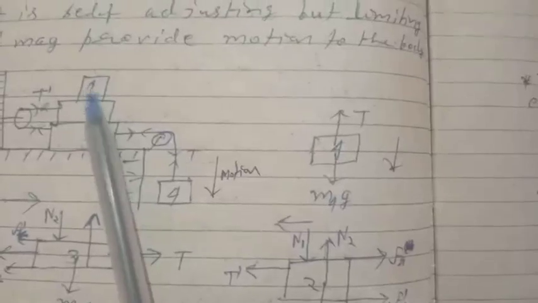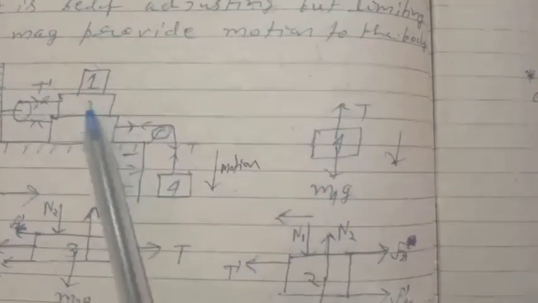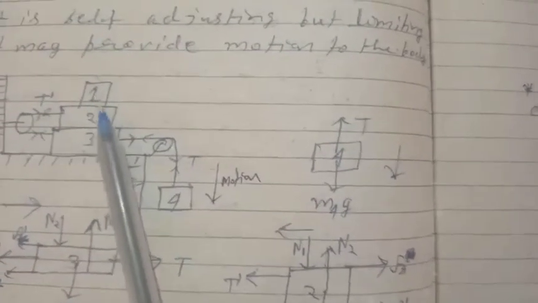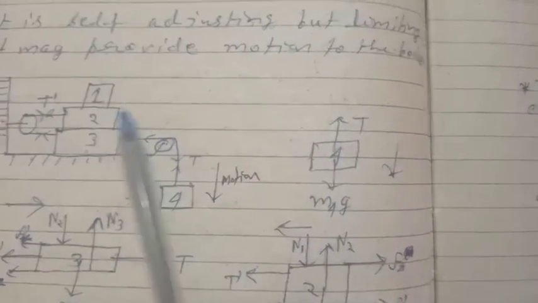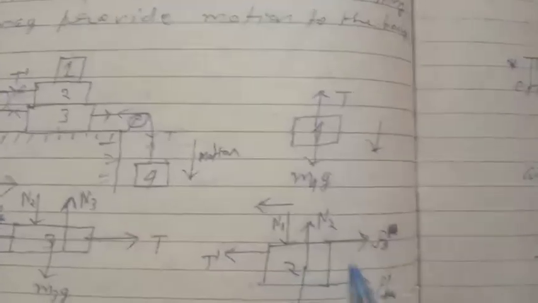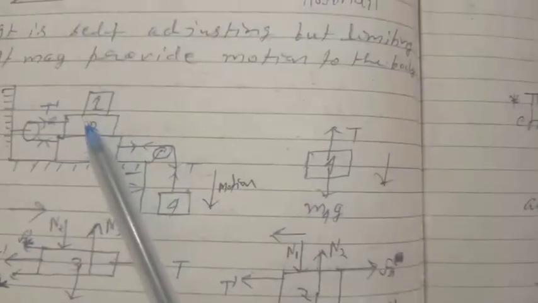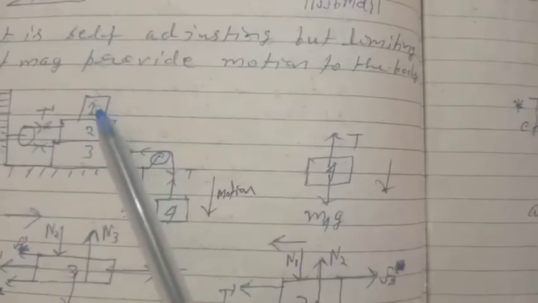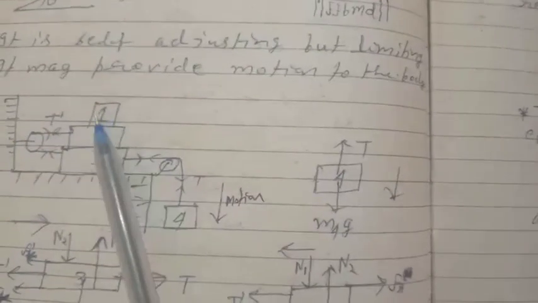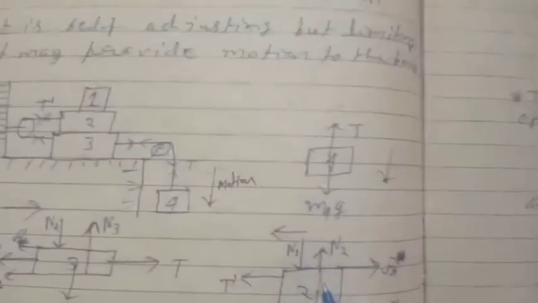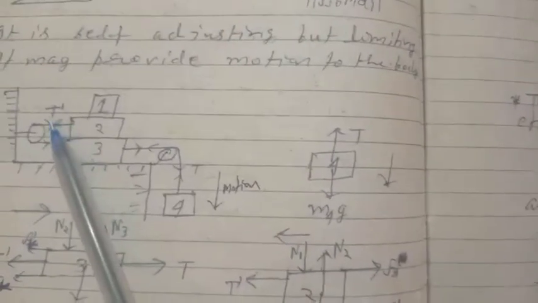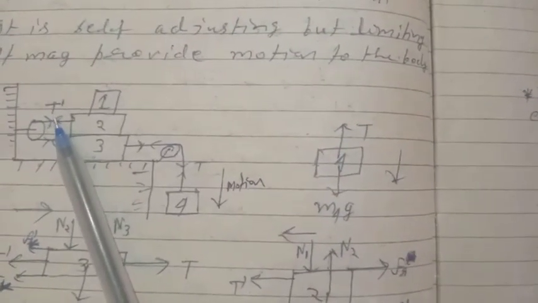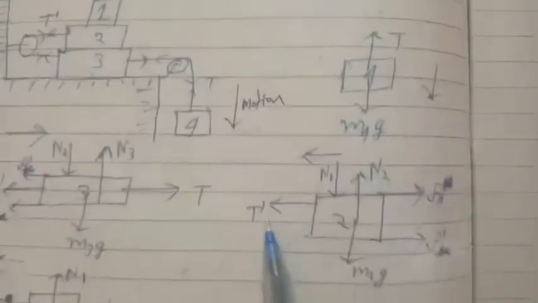Now because body one is at rest on body two, the force of friction which arises in this surface will be static friction, which is shown here, because this body has a tendency to move in this direction with respect to this body, so the force of friction is in this direction. And here the tension in the string is shown by T dash.